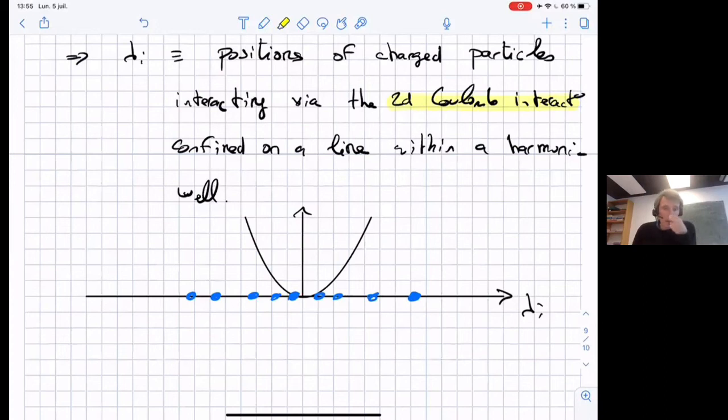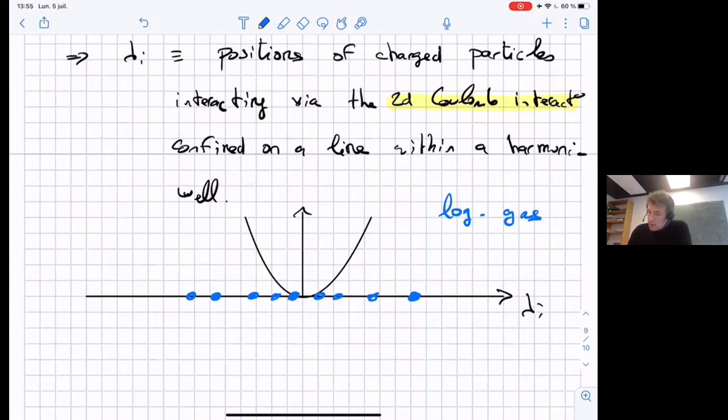So this is not the 1D Coulomb gas, which would be linear in the absolute value of xi minus xj, and that's what we usually consider. This is a Coulomb gas where the particles live on the line and interact via the 2D Coulomb interaction, and that's what is called the log gas.